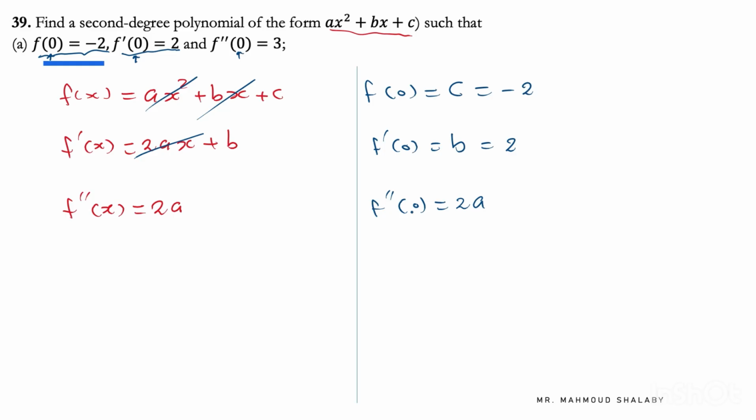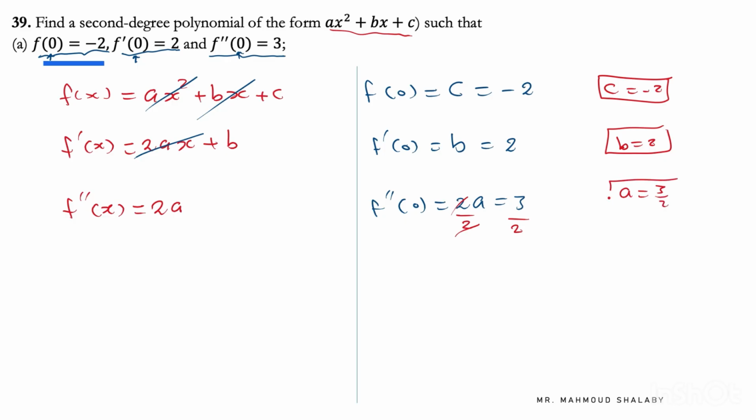And the last one, f''(0) = 2a, and f''(0) = 3. To find the value of a, I have to divide, so a = 3/2.